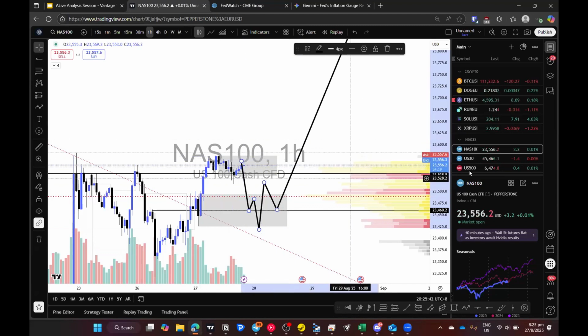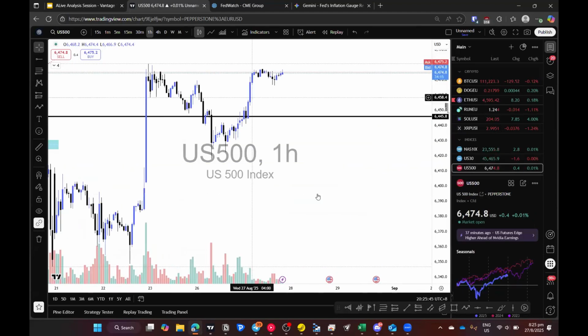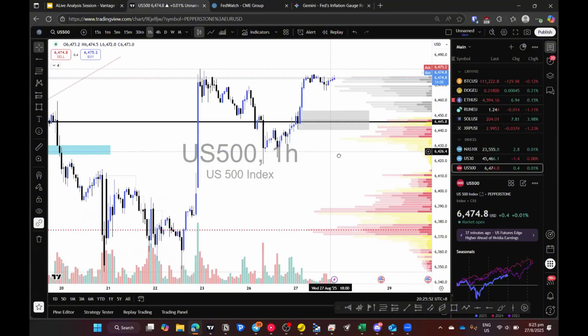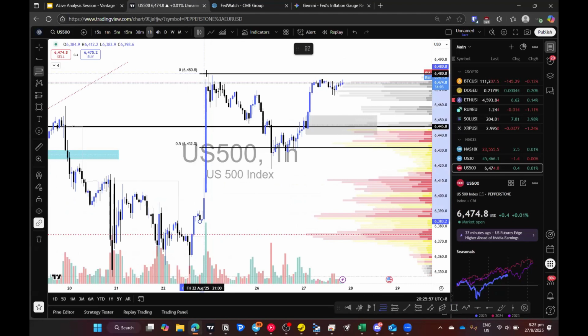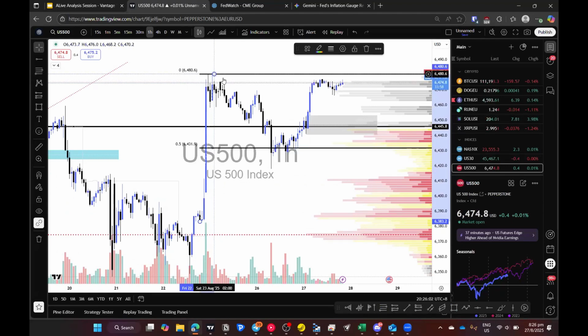Okay, so same thing with your US 500. You're probably going to see something like this as well, and looking for this retest. The interesting thing would be to look at this low and push it all the way up to the high.